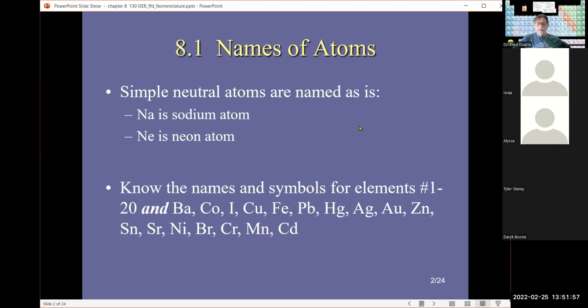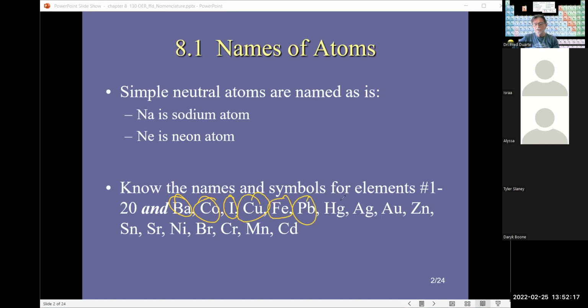Okay. Now, be familiar with the first 20, and then on top of that, we're going to have barium, which is Ba, cobalt, iodine, copper, Cu is copper, Fe is iron, Pb is lead.